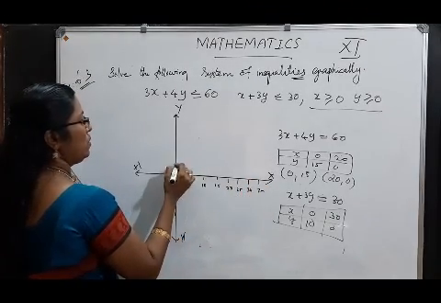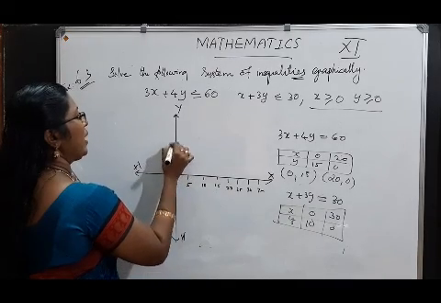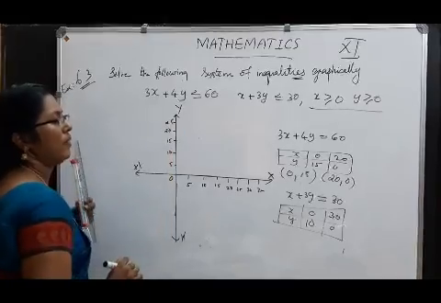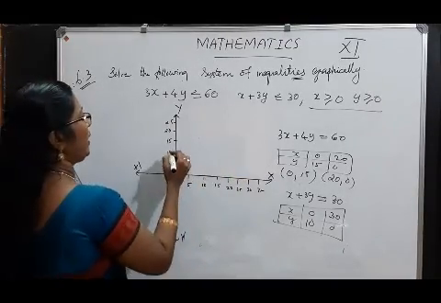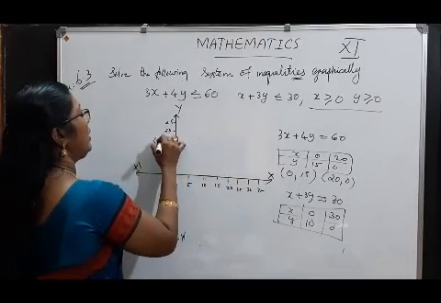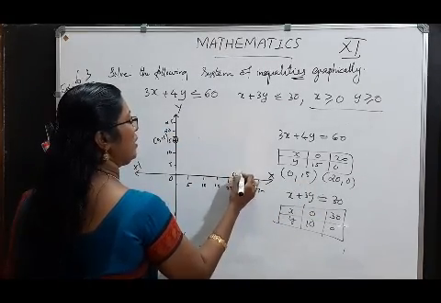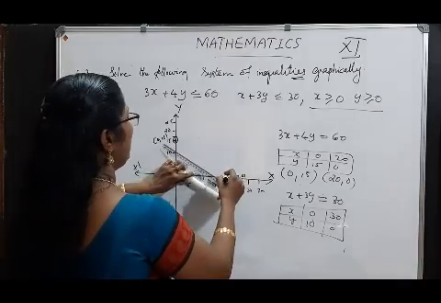Here also 5, 10, 15, 20, 25. Here the first is 0, 15. Then 20, 0.